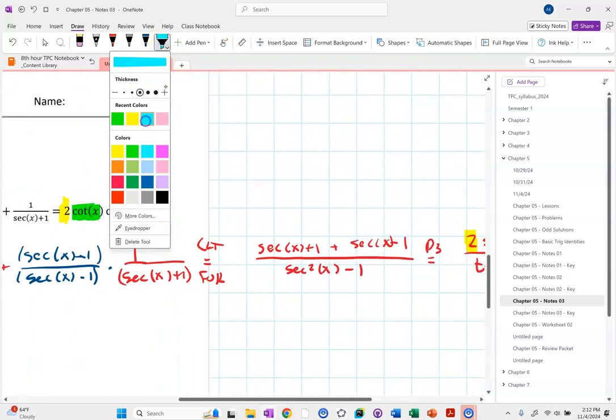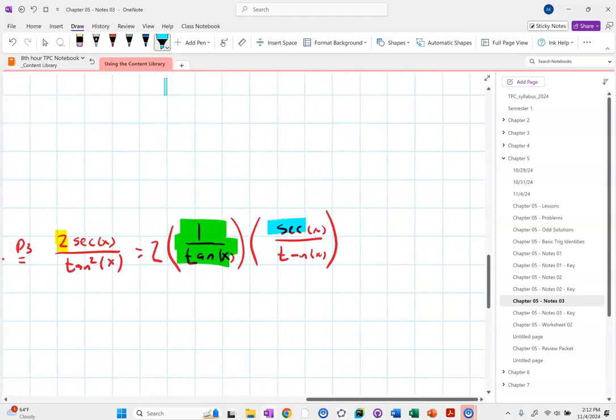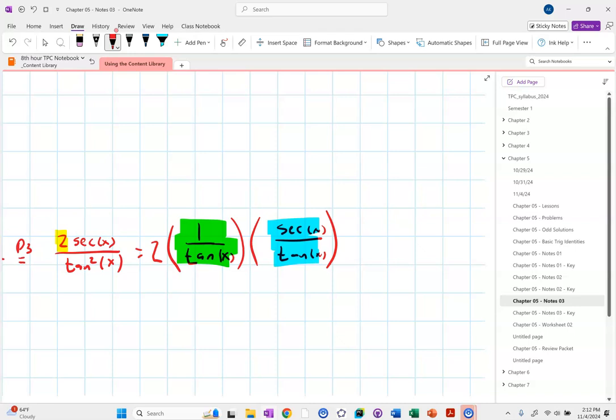So I'm happy about that. That means the rest of this stuff needs to somehow simplify down to cosecant. Does that feel doable so far? Yeah. Okay.